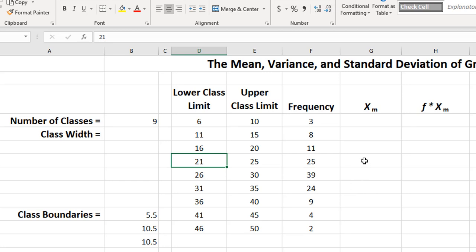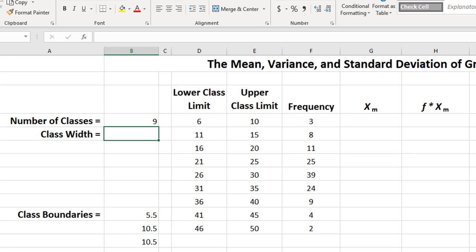By the way, you can also do the same thing for the upper class limit. In other words, 15 minus 10 is 5, 20 minus 15 is 5, and so on. We'll let the spreadsheet do this just from dealing with the first two classes, and I'll use the lower limit. It's a very simple thing.